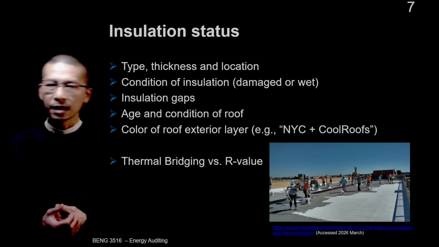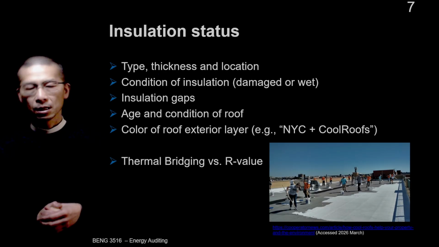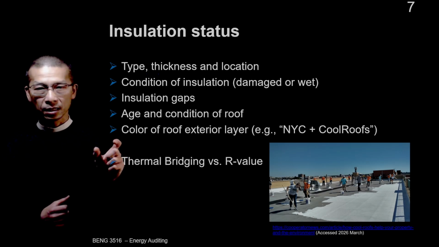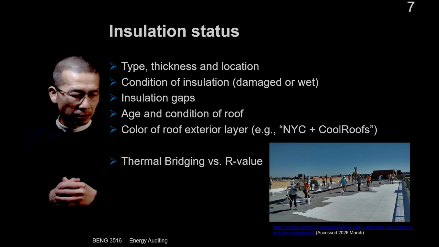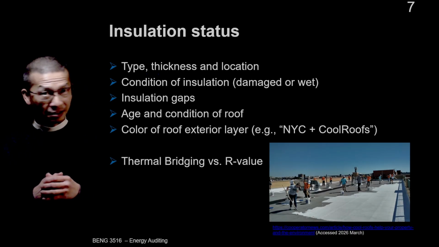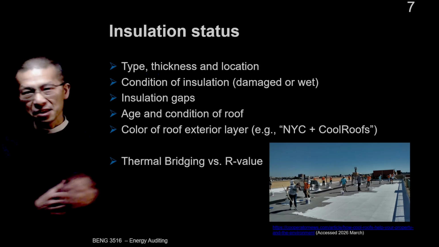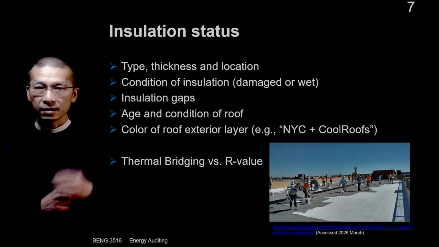Is it fiberglass batt, blown-in cellulose, or rigid foam insulation? Knowing the thickness allows us to calculate the nominal R value. Remember the thermal bridging guide, the exercise we did a little bit more than a year ago, and the different types of insulation.